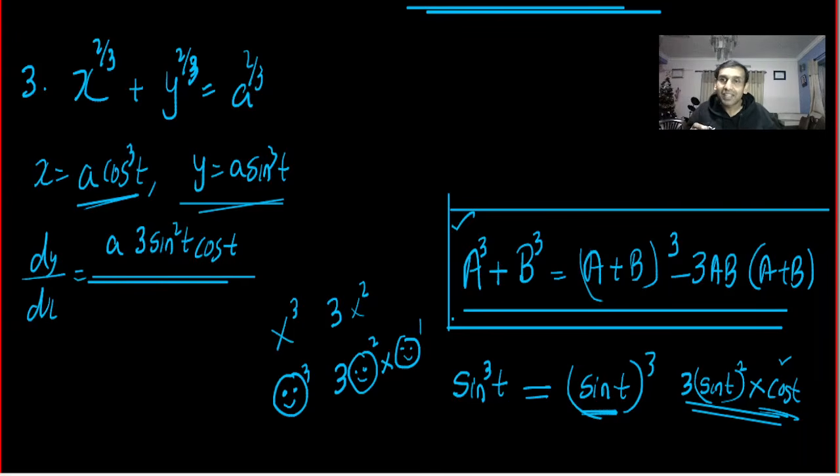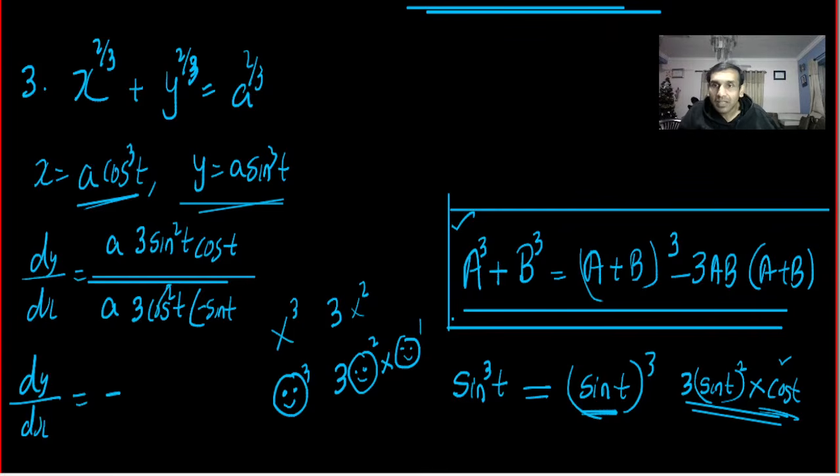So it is going to be, of course, a is a constant, 3 cos square t. Don't stop with that. Multiplied by minus sin t. Anyway, dy by dx gets simplified and you'll get minus cos will get cancelled. Sin and sin will get cancelled. 3a. So you're going to get minus sin t by cos t.